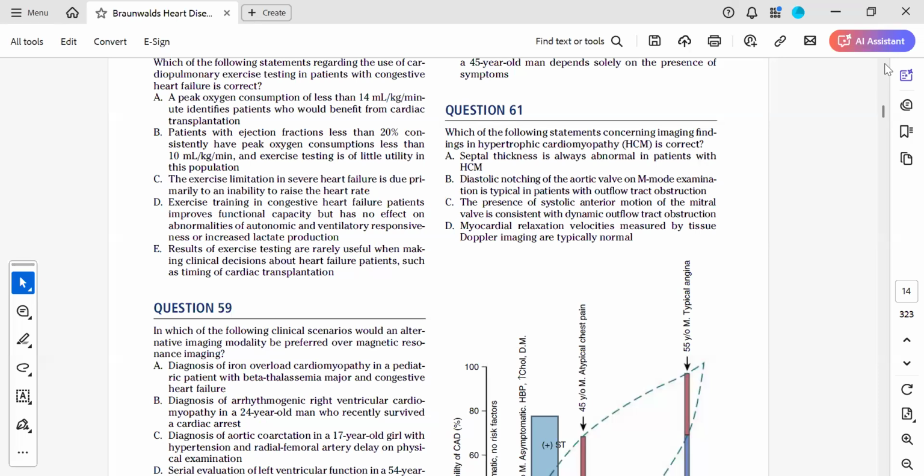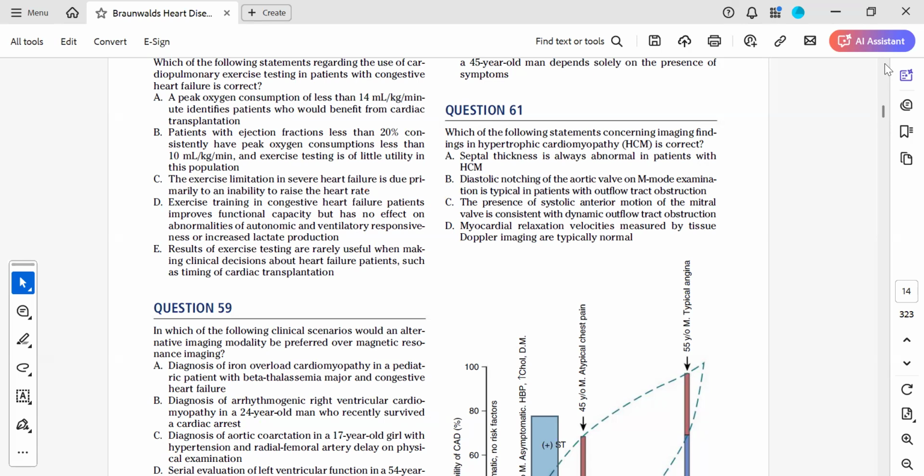Option C says the presence of systolic anterior motion of the mitral valve is consistent with dynamic outflow tract obstruction.